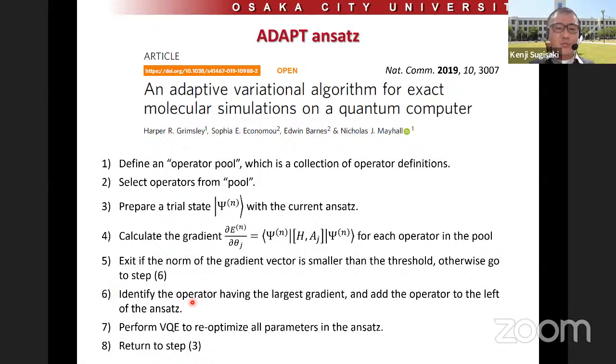Otherwise, identify the operator having the largest gradient and add the operator to the rest of the ansatz. And then perform VQE to re-optimize all parameters. So in this case, the VQE starts with only several operators, and then iteratively performs the VQE by including another operator having the largest gradient in the pool.